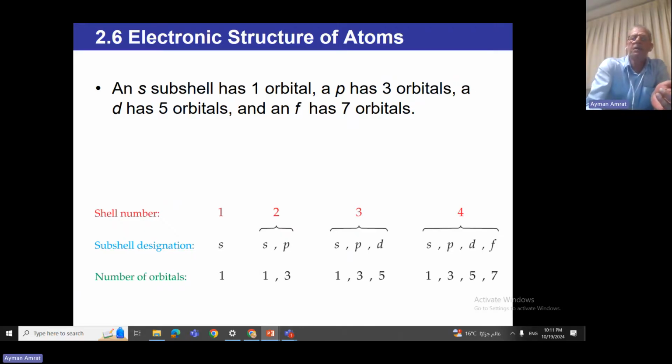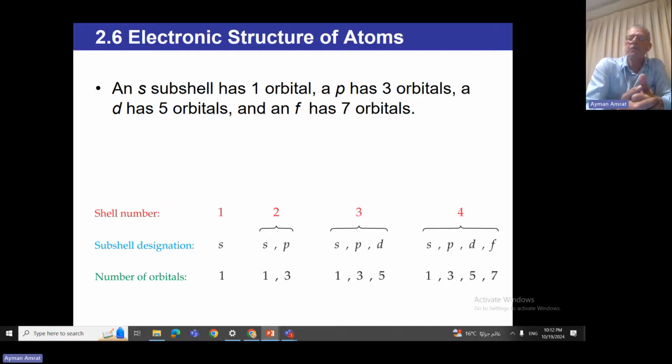Shell number 3 contains subshells s, p, and d. s with 1 orbital, p with 3 orbitals, while d with 5 orbitals. If you count the number of electrons, 2 in s, 6 in p, 10 in d, in total 18 electrons can occupy the third shell.